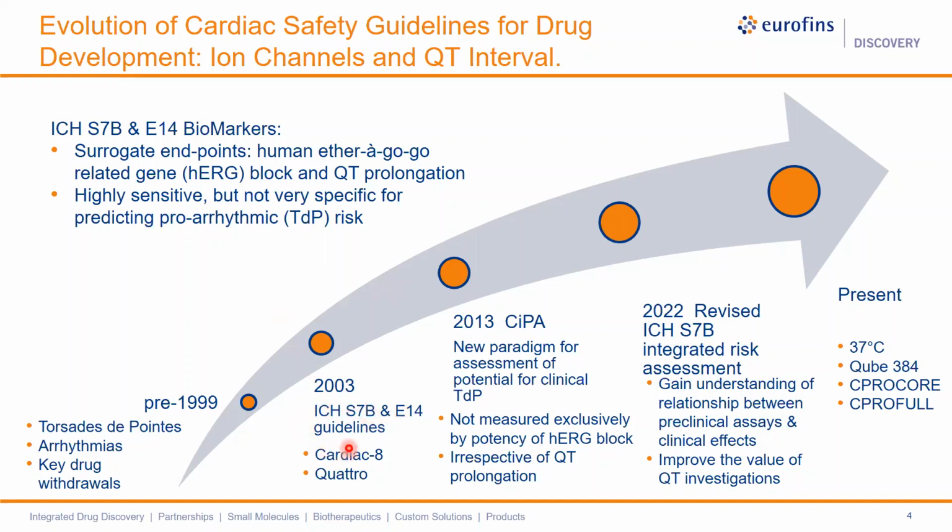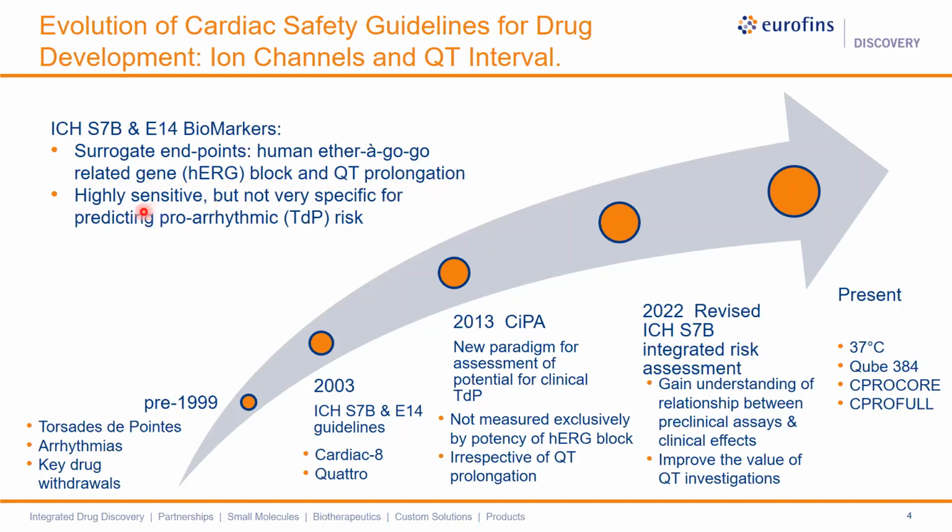We were the first, around 2005, using the Quad-4 high-throughput platform. We screened for cardiac safety, but at that time it was at room temperature. ICH S7B and E14 used two biomarkers, in other words surrogate endpoints: human hERG block or QT prolongation.